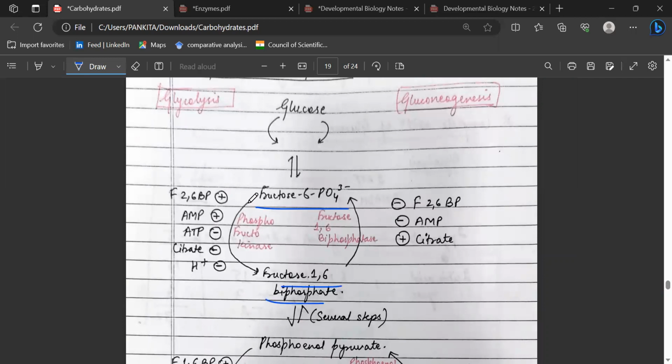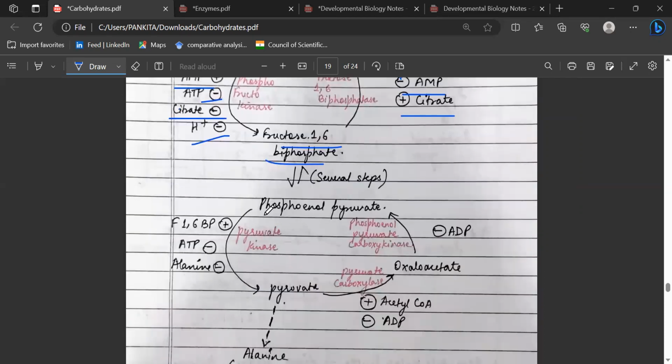These are the rate-determining steps, by phosphofructokinase, and the back conversion of fructose 1,6-bisphosphate to fructose 6-phosphate. These are the things which negatively or positively regulate this conversion, and the conversion of fructose 6-phosphate to different steps.